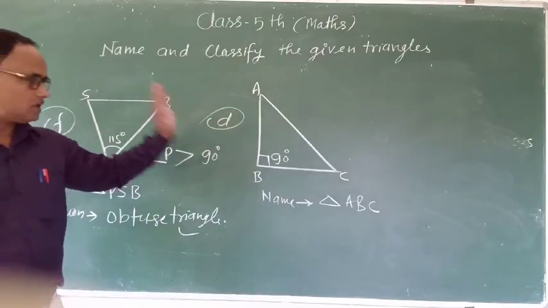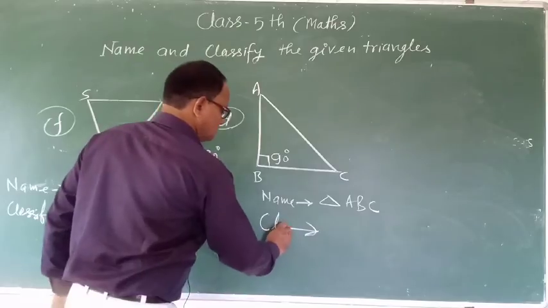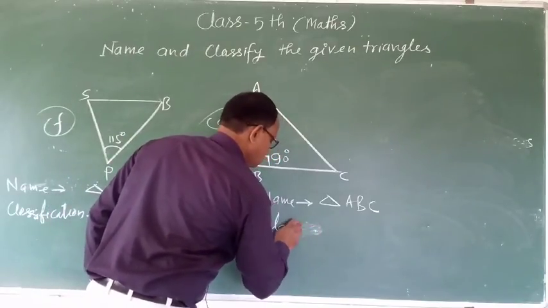ABC is the name of the triangle, and now its classification.